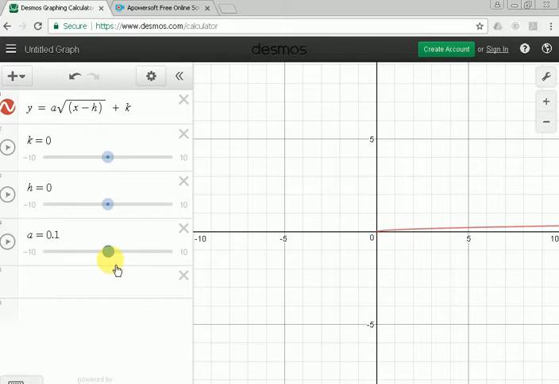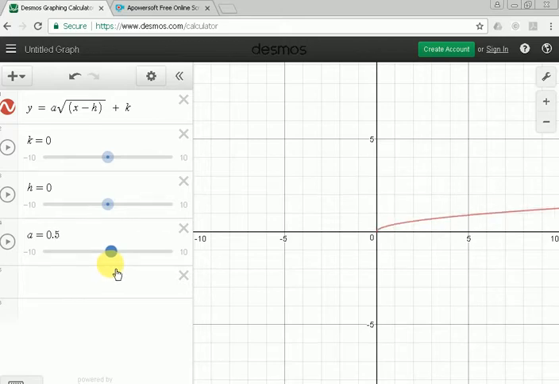We talked about stretches and shrinks. If a is in between 0 and 1, what's happening? It's getting closer and closer to what axis?